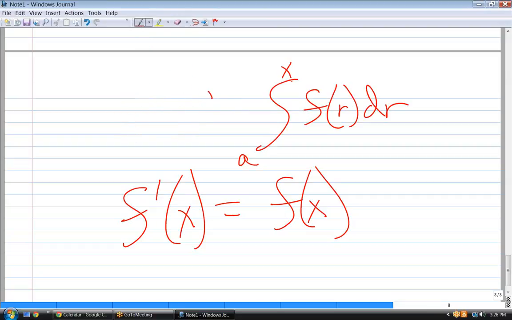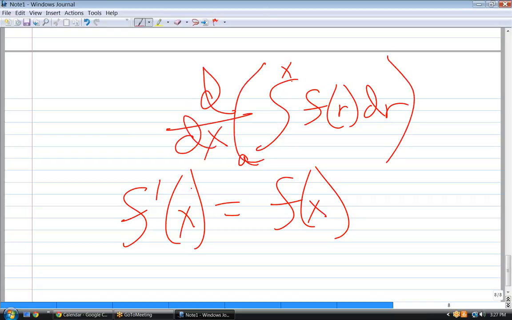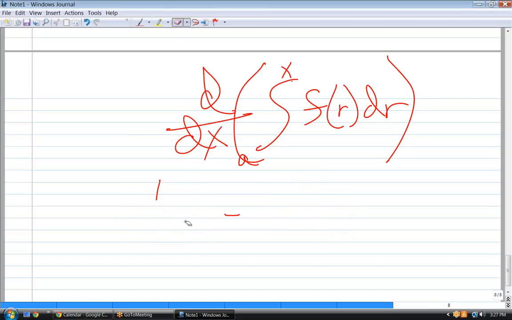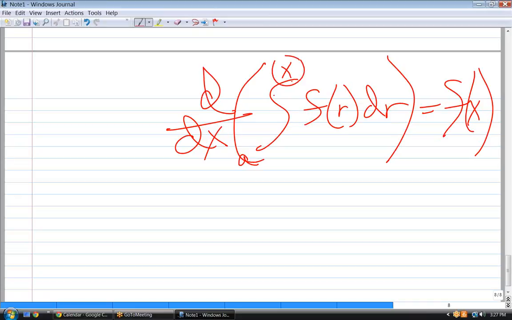Let me do this. The derivative of this relative to dx is f of x. In other words, when you take the derivative of an integral of a function, you get the function in the new variable, which is that. And it doesn't matter whether this is an f of r dr or an f of t dt or some other variable.